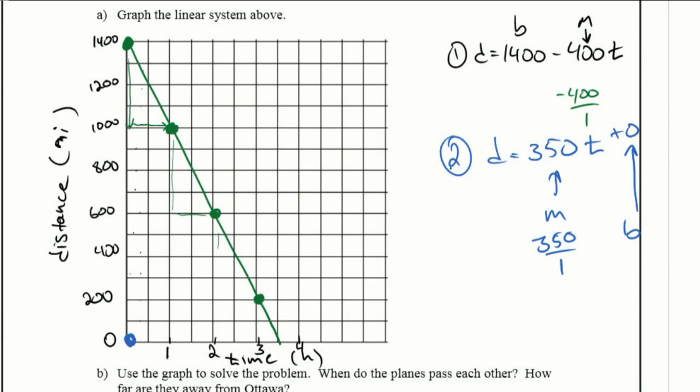So I'm going to go up 200. There's 3, there's 50. Right there, I'm going to go across to 1 hour. I'm going to go up 1, 2, 350, and over 1. There we go.